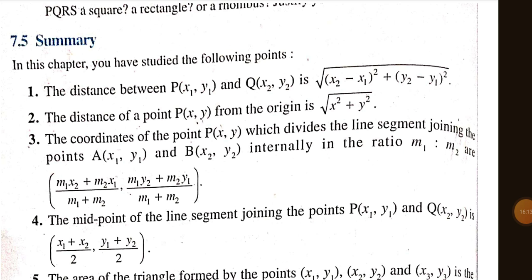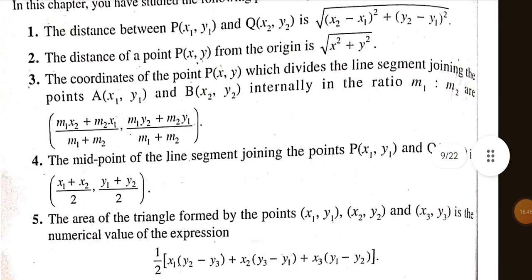3. The coordinates of the point P(x, y) which divides the line segment joining the points A(x1, y1) and B(x2, y2) internally in the ratio m1 : m2 are ((m1 x2 plus m2 x1) by (m1 plus m2), (m1 y2 plus m2 y1) by (m1 plus m2)). 4.